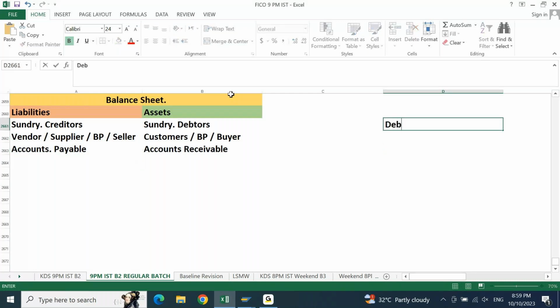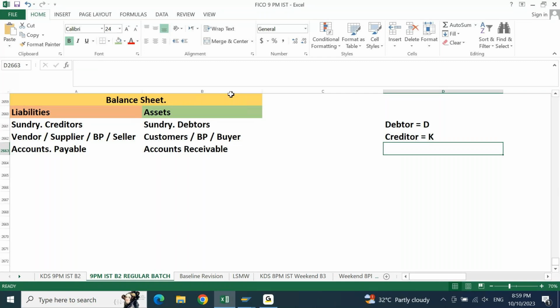Now, here let me put debtor is equal to D, creditor is equal to K. In SAP, whenever you talk about debtor, it is D. Whenever you talk about creditor, it is K. Remember, D means debtor, K means creditor.